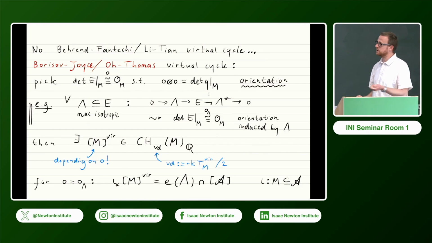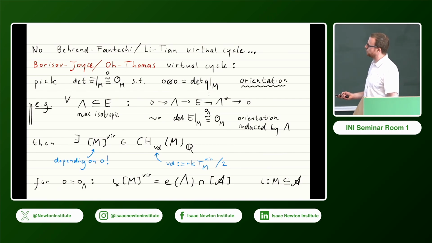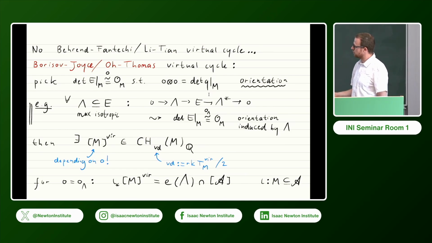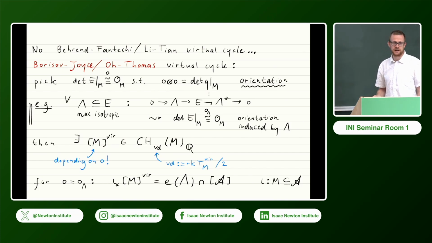One good property to mention already at this stage is that if your orientation is O of lambda and you push this virtual class forward to the ambient space, then it's something very nice, namely just the Euler class of this maximal isotropic subbundle. So it's sort of half of your quadratic bundle.